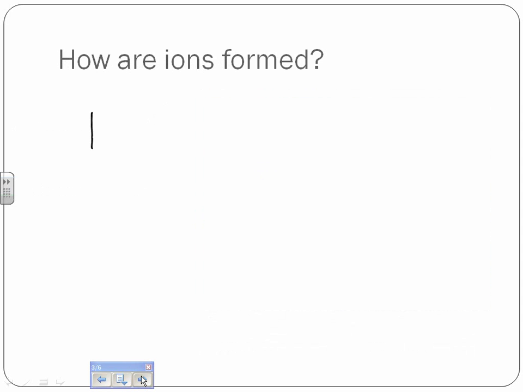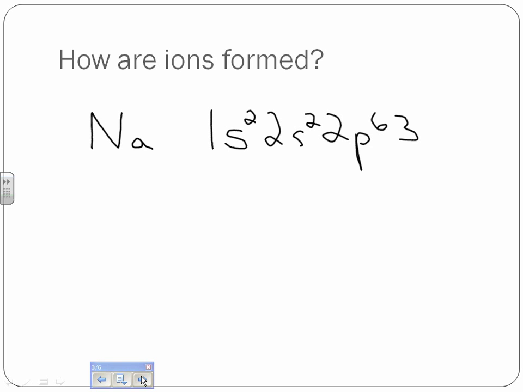If we take, for example, a neutral atom of sodium and look at the electron configuration, most of you at this point would write something like this: 1s2, 2s2, 2p6, 3s1.